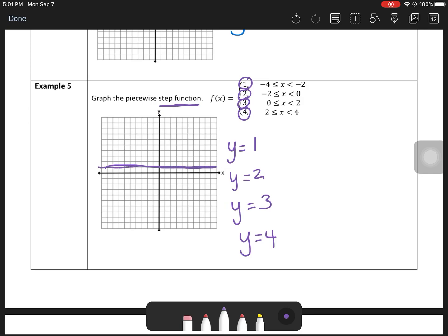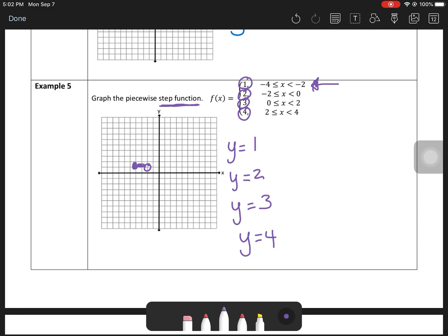But it tells us these parameters or restrictions, that we're going to have a filled in circle at negative 4 for the x value. And we're going to have an open circle at negative 2 for the x value. And we're going to shade in between because our x value is in between the negative 4 and the negative 2.